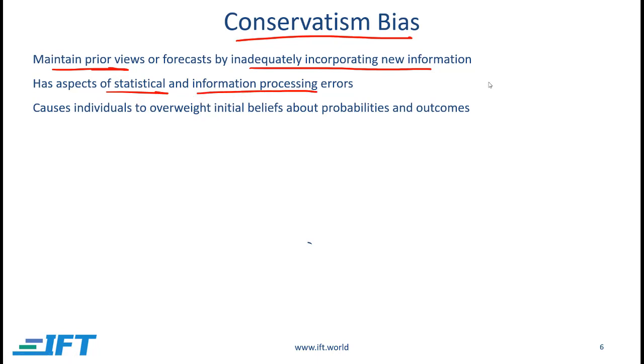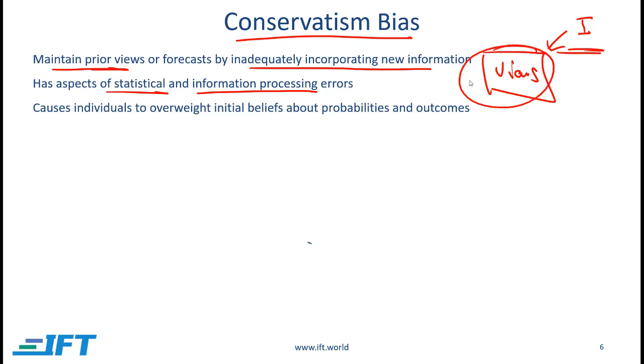We say this because we already have certain views, and when new information comes in, we are not processing it very well. We are sticking to our traditional views or whatever views we already had. That's why this is called conservatism, because conservatism is about sticking to traditional ways or to the sorts of ideas that we've had previously.